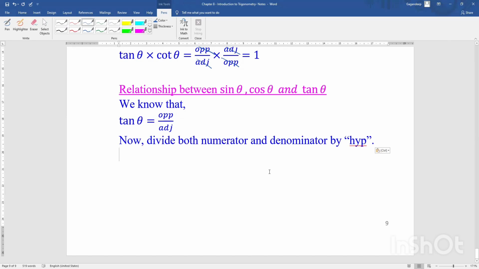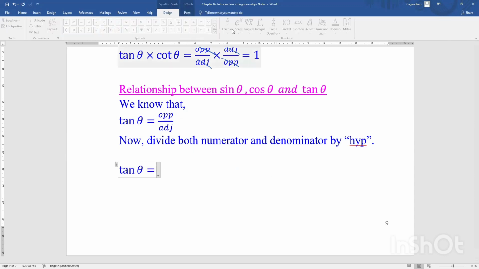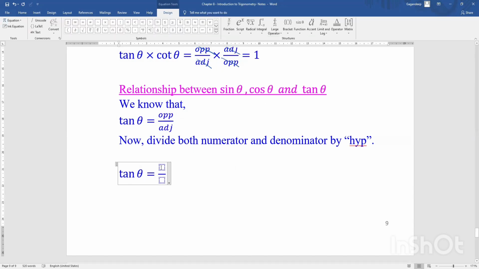So now here I write this tan theta, and here I'm going to write the fraction.